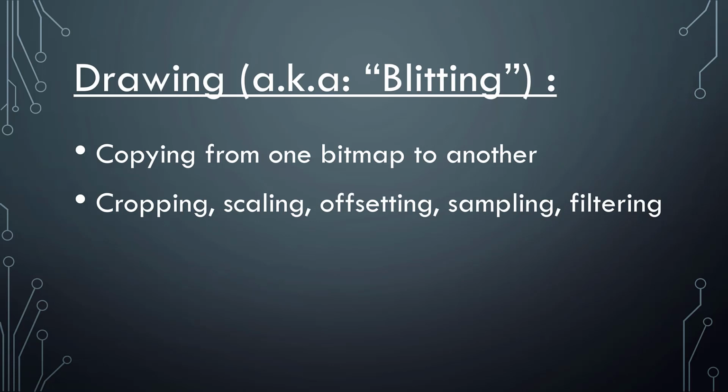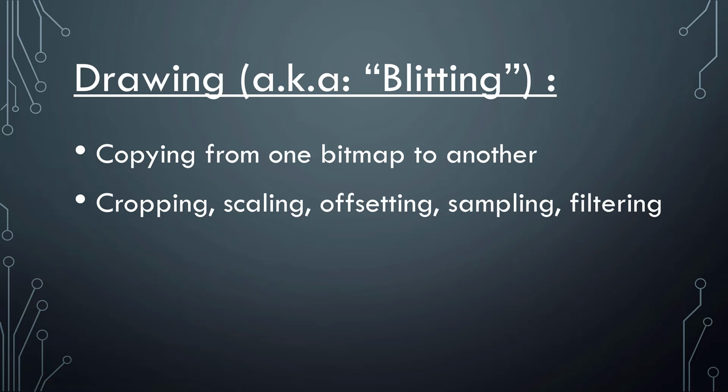Okay, so how do we draw bitmaps? Sometimes that's called blitting. It's just the process of copying the bits of the pixels from one bitmap to another, usually from one of the bitmaps that is of a type of a source, like a texture map or a sprite or a file, and usually copied for drawing.